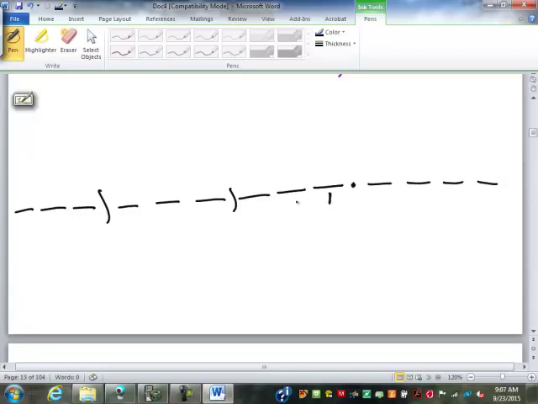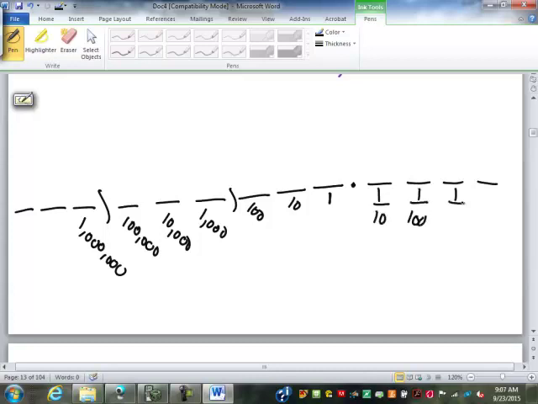This is ones, tens, hundreds, 1,000s, 10,000s, 100,000s, 1 million, and so on. This is the 1/10ths, 100ths, 1,000ths, 10,000ths, and so on.